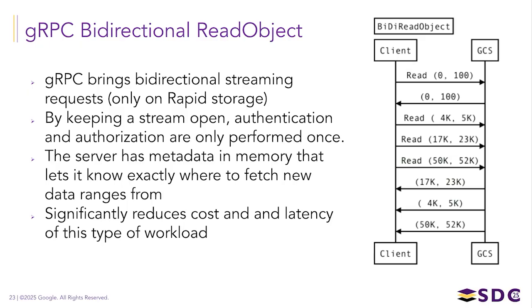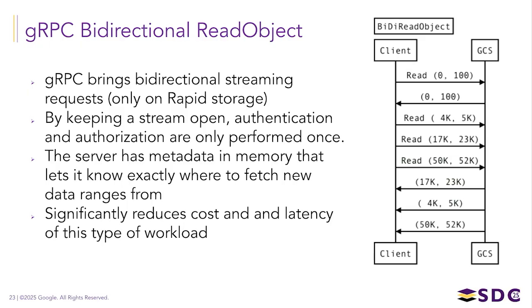If you don't have data dependencies in your I/O patterns, for example, you could queue up those 3 reads in the middle, and then we'll return them as fast as we are able to read that data back. And since we are able to keep the stream open, as I mentioned, the authentication and authorization gets performed once at the start, and we can amortize the metadata lookup time as well.